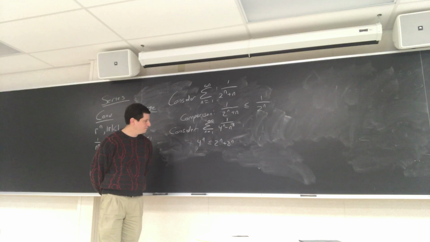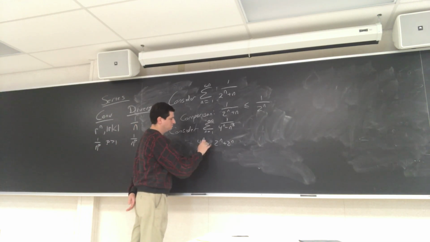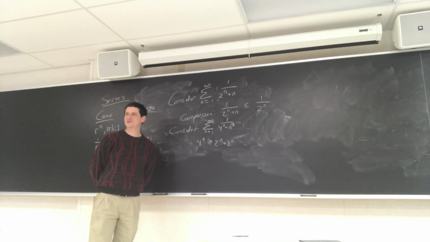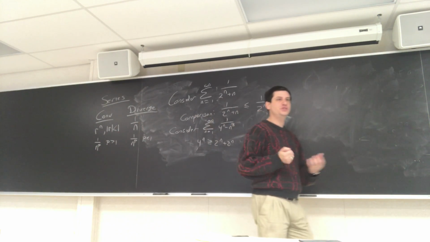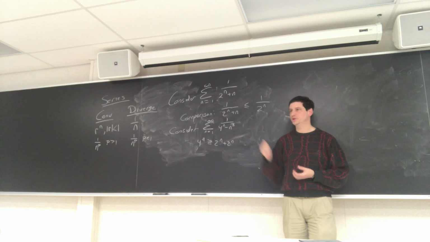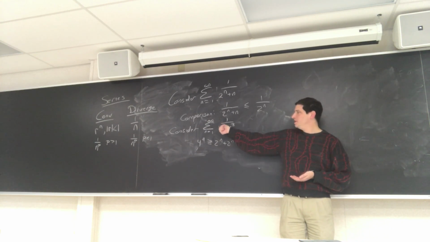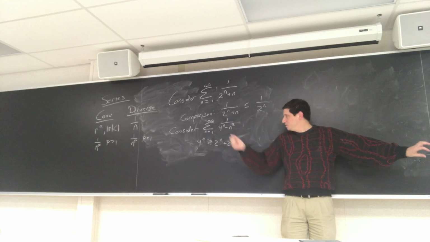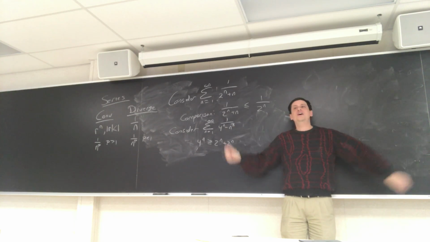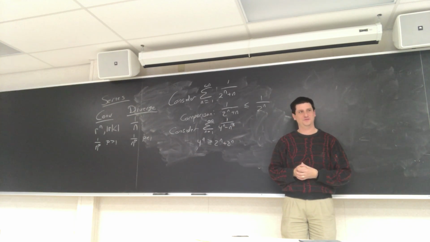Now do people agree that 4 to the n is greater than or equal to 2 to the n plus 2 to the n? What I'm basically trying to do is borrow decay, or borrow growth, depending on how you want to look at it. 4 to the n is growing so rapidly, what I want to do is, look, I'm going to take just a little bit of it to beat the crap out of the n cubed. And then the rest will give me divergence.